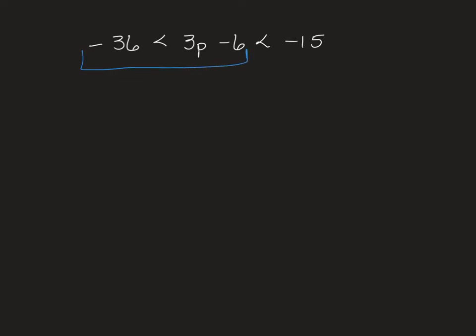And I'm going to write a second equation from here to here. So that first equation is going to be negative 36 is less than 3p minus 6. And the second equation is going to be 3p minus 6 less than negative 15.